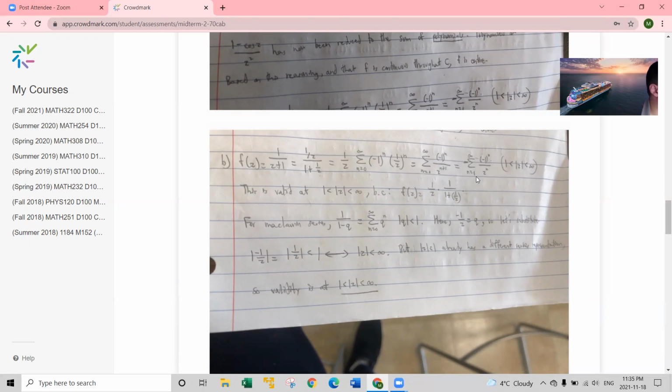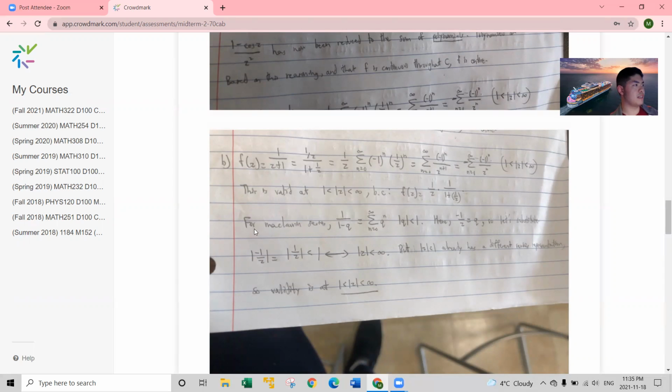And then I moved it to n equals 1 because this is a Laurent expansion. All the exponents are negative for z, so you have to make it start at n equals 1. And this is actually valid for 1 less than the absolute value of z less than infinity because I originally had it like this.